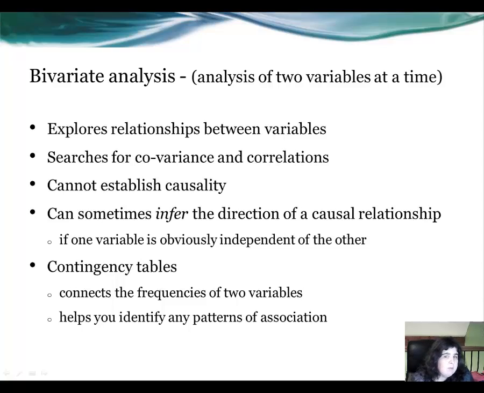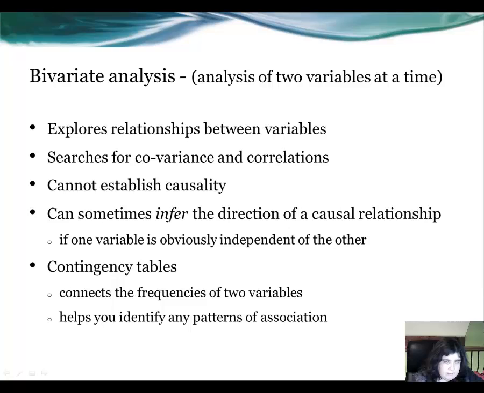However, you can sometimes infer the direction of a causal relationship, such as if one variable is obviously independent of the other. And we could use contingency tables, which connect the frequencies of those two variables, and thus it helps to identify the patterns of association that have emerged between those two variables.